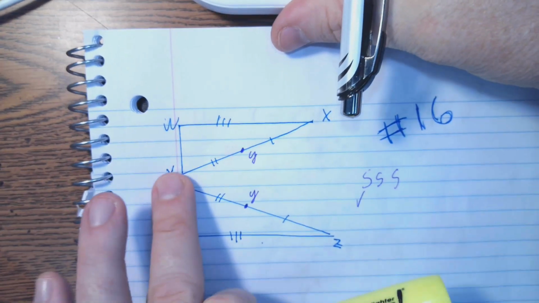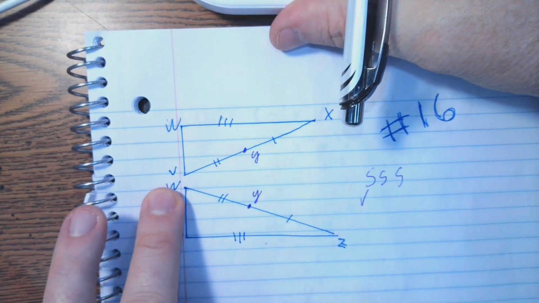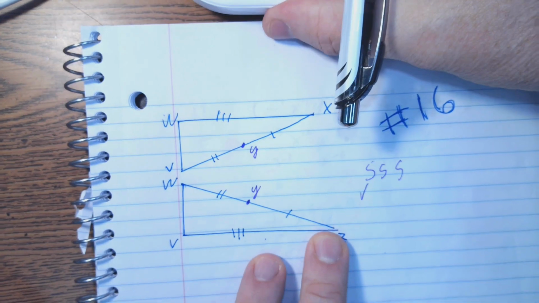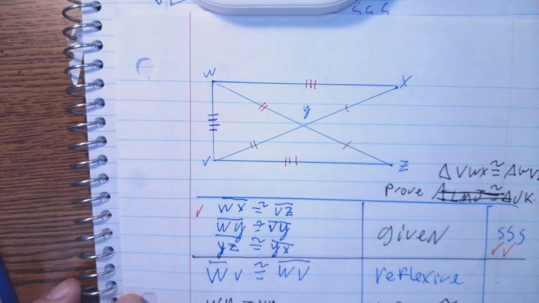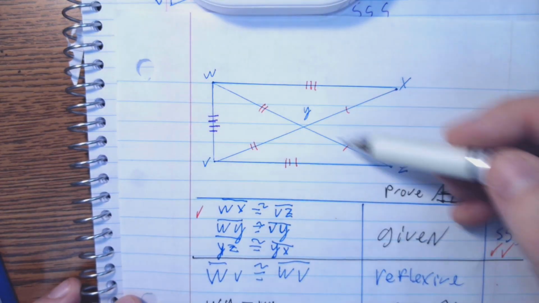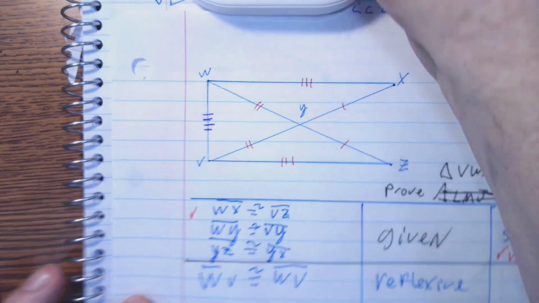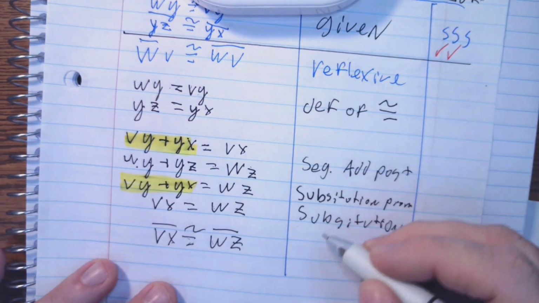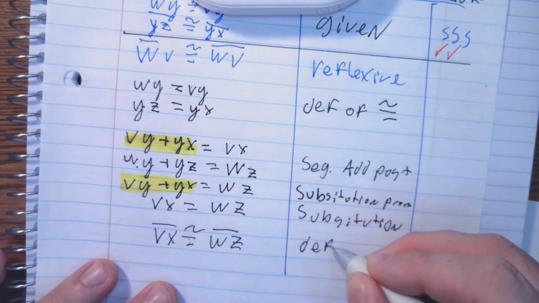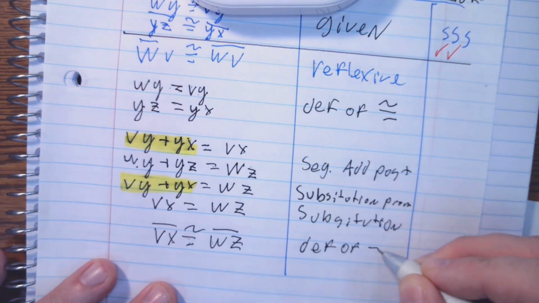So VX is congruent to WZ, right? That's what I want. Oh, did I do it in the wrong order? No, WZ, VX. No, that's right. And so, again, this is kind of a nitpicky thing. I'm switching it back into geometry.